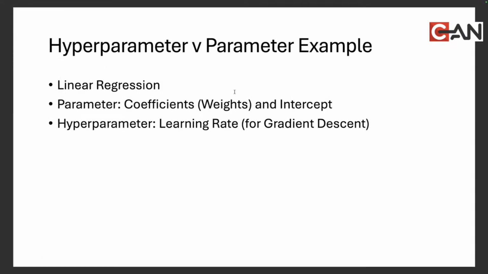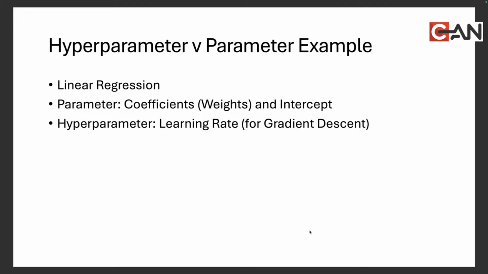Okay, so you know this, but in linear regression, coefficients are the weights and the intercepts. Those are the parameters, and hyperparameters are like learning rate. How quickly should we update the learning, or how big of steps should we have?